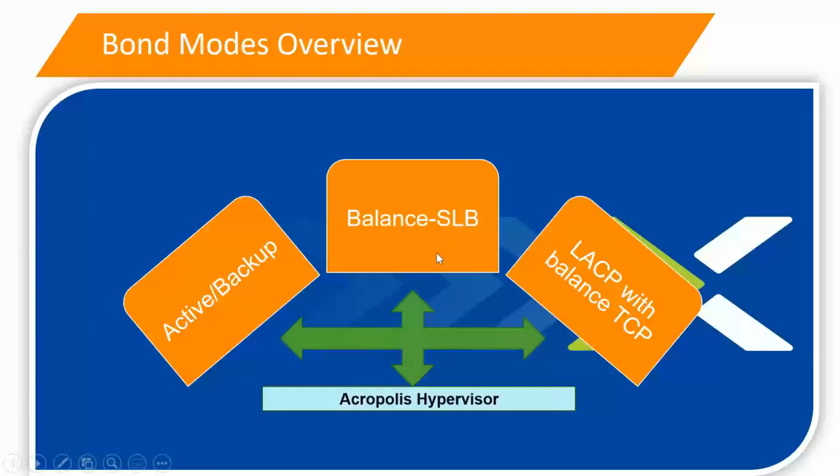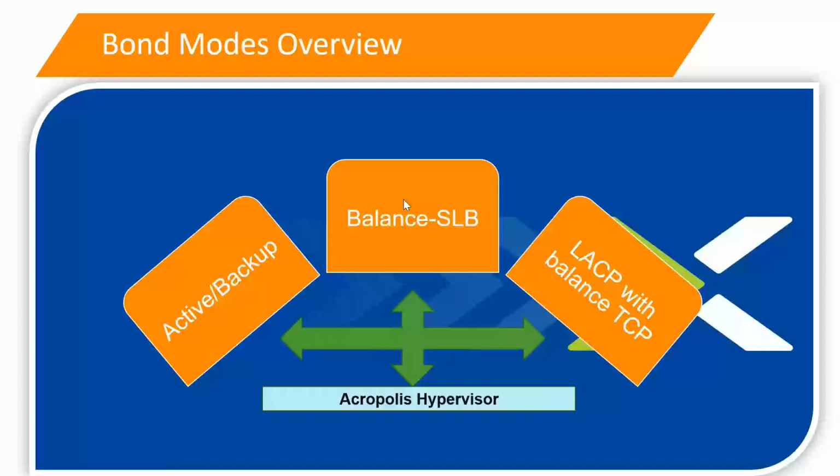With balance SLB, it is the same simple approach, no extra investment required on the switch side, no extra configuration on the switch side, but one configuration you have to do at the host level, that you have to change the bond from active backup to balance SLB. If you change it, at host level you get 40 GB, but at VM level 10 GB.